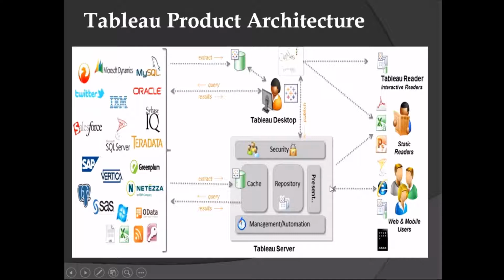Then the online users can view that dashboard using an IE browser or maybe my mobile. This is how the Tableau product architecture works. So you have seen where Tableau Desktop comes, Tableau Server, Tableau Reader, and the different types of sources.